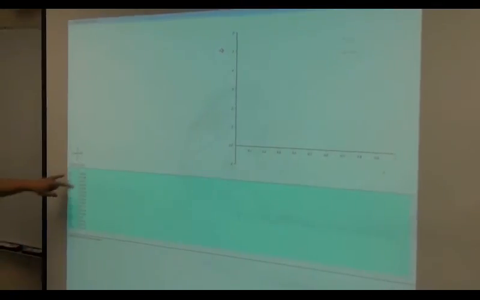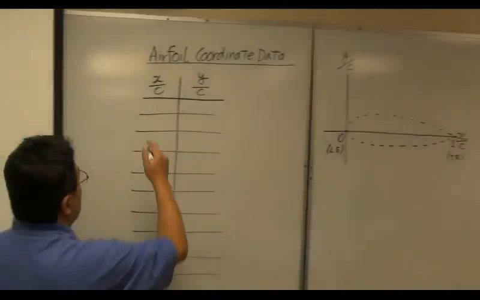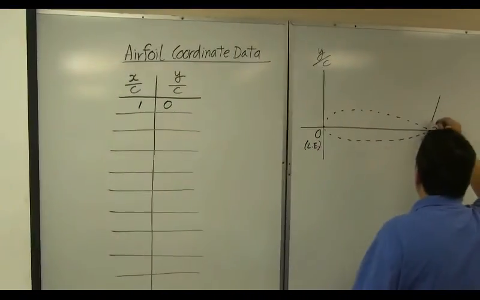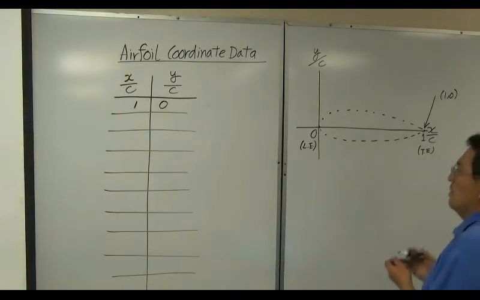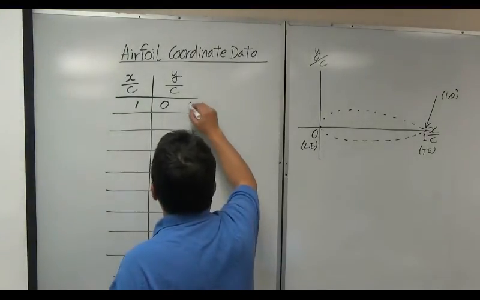So as you look at this, it starts from 1 and 0, right? Starts with 1 and 0, which is right here. This is the starting point. So the data set needs to start from the trailing edge. This is the trailing edge.